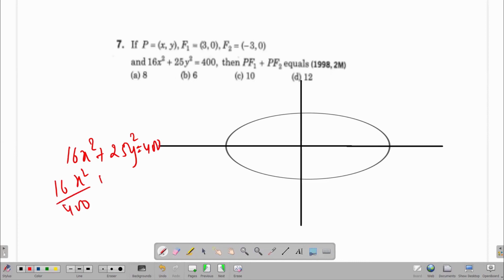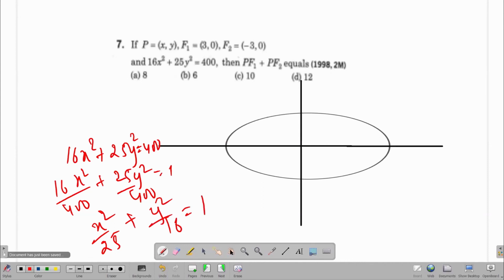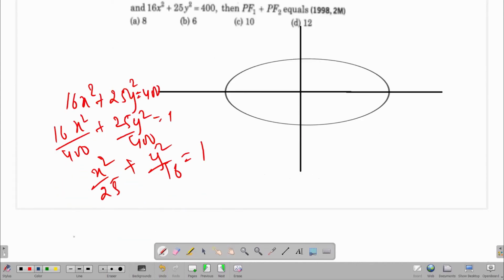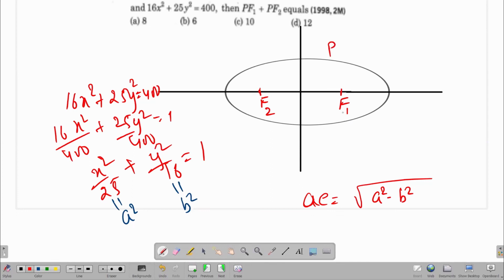If I divide this by 400, my ellipse is x square by 25 plus y square by 16 equal to 1. That means my a square is 25 and my b square is 16.